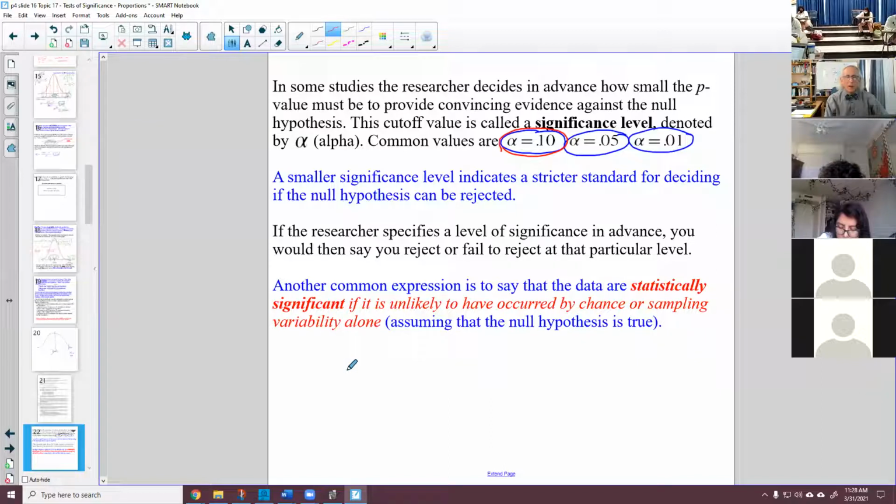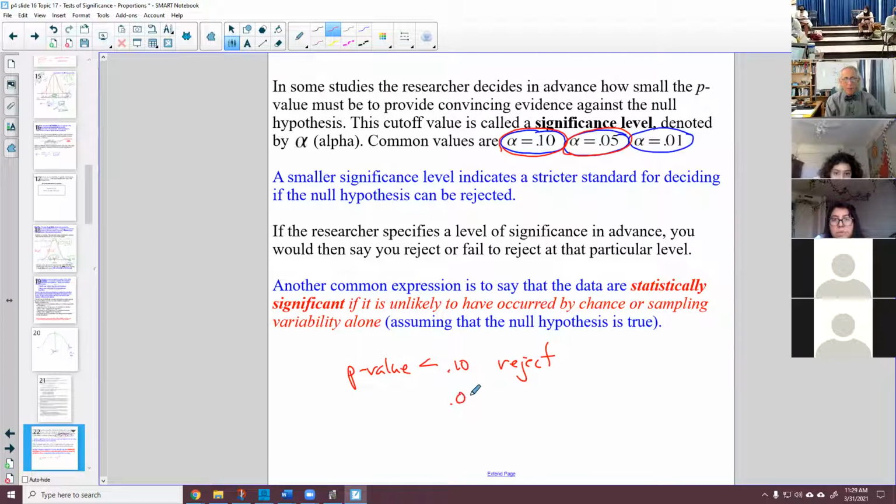then a p-value that is less than 0.10 allows me to reject the null hypothesis. If I have an alpha of 0.05, it means I have to have a p-value that's smaller than that.